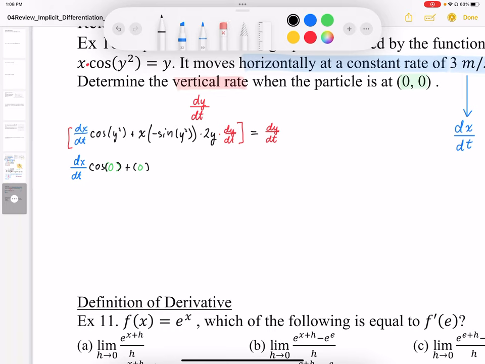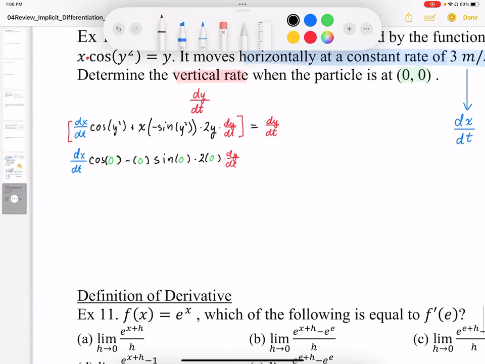I'm going to keep track of my signs here, so that should be minus for the sine. So I end up with sine y squared is 0, so I'm going to generate a 0 here. So I have 0 factors here, so I don't have to worry about this whole entire expression. This is just going to end up being 0. So this dy by dt just disappears.